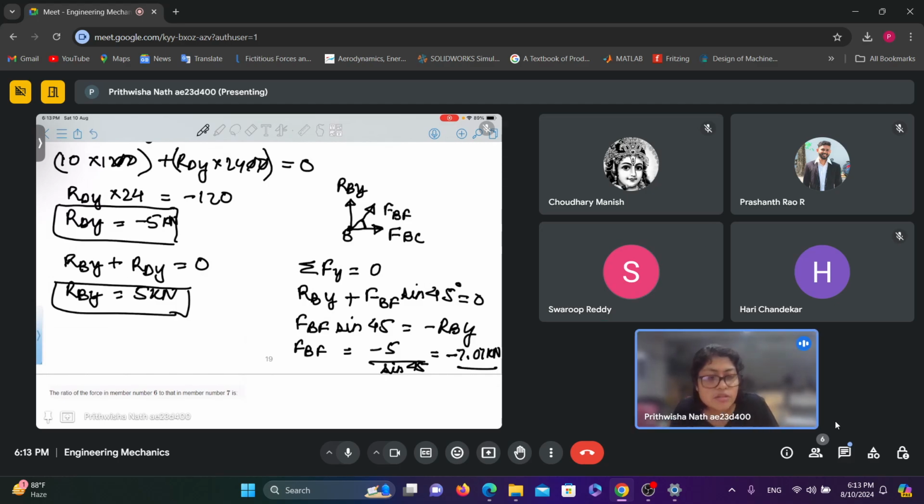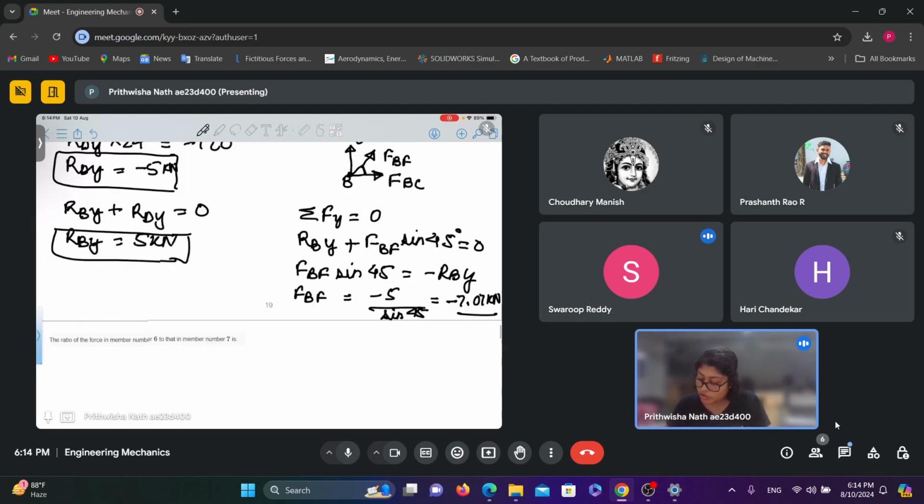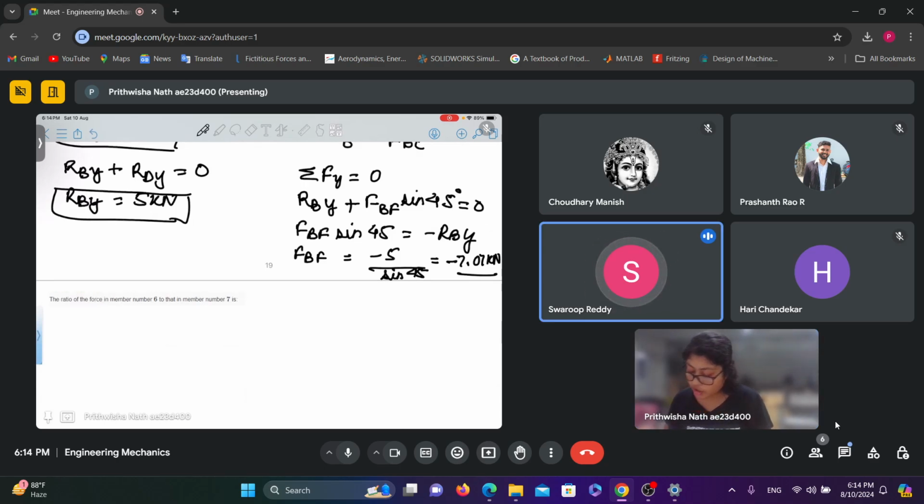Anyone else has any? So next part of the question. The ratio of the force in member number 6 to that in member number 7.